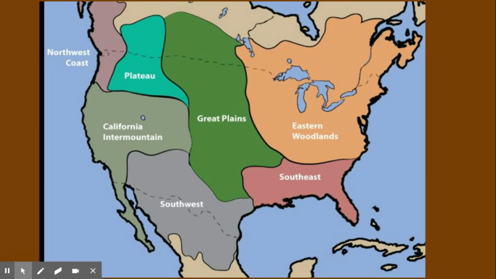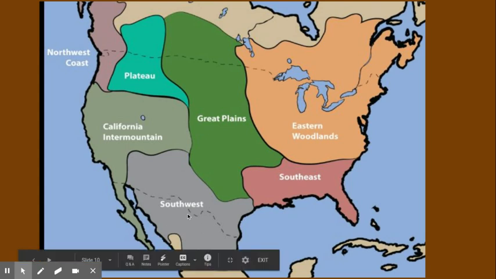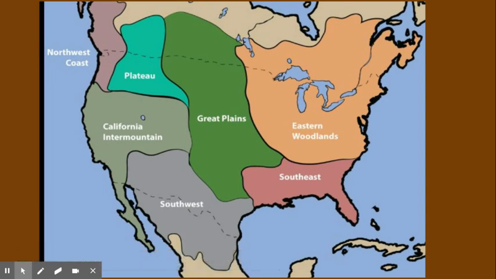To give you a perfect example, in the Southwest, basically this is all desert area. They don't have trees. So when they're thinking about what are we going to make to live in our houses, they're going to make their houses out of mud brick because it's desert. They just take basically the ground and they soften it by wetting it and putting it into molds and making bricks, and they create their housing using adobe.